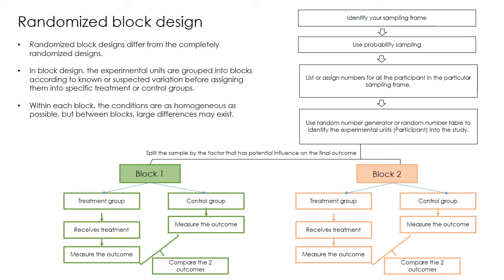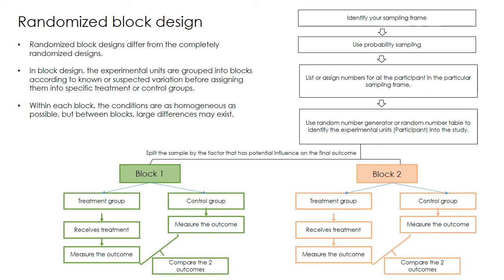Let me explain using this COVID-19 example. Let's say you want to examine the effect of HIV drugs on the recovery of COVID-19 patients, whether these HIV drugs can help recovery. So you take all the samples accessible to you in Malaysia and list them out.